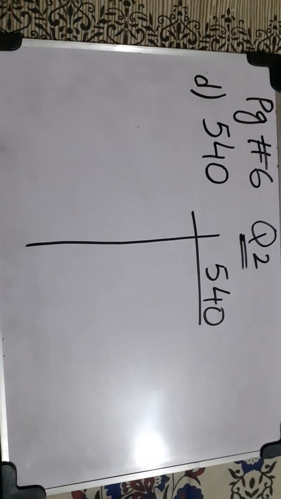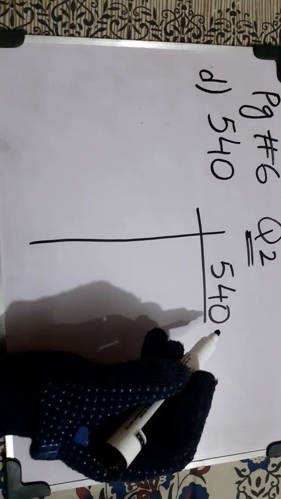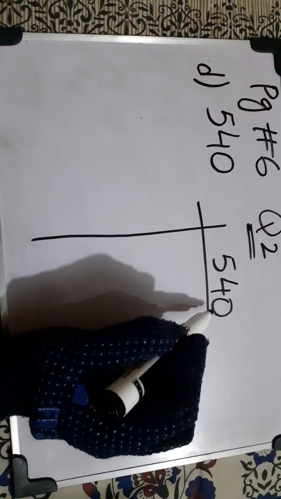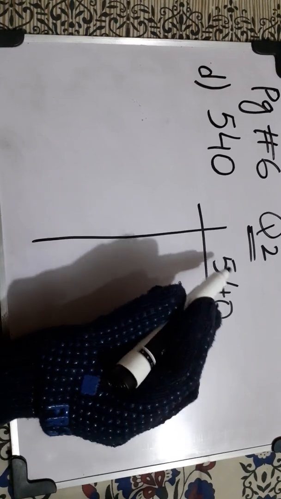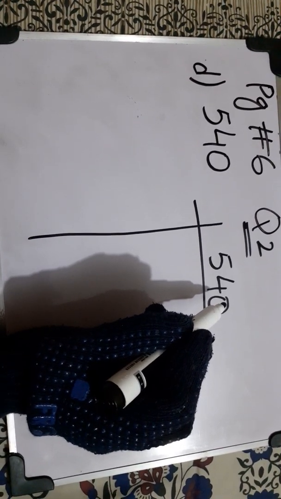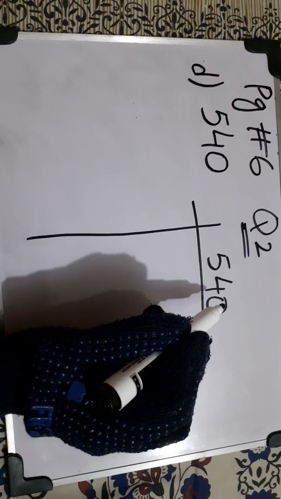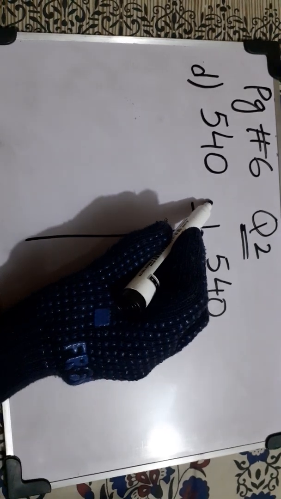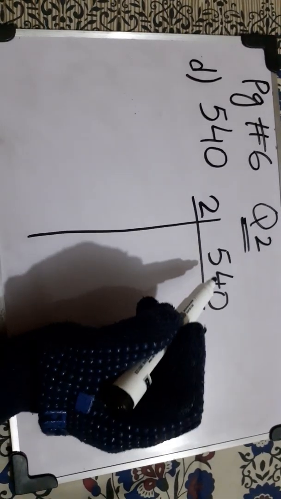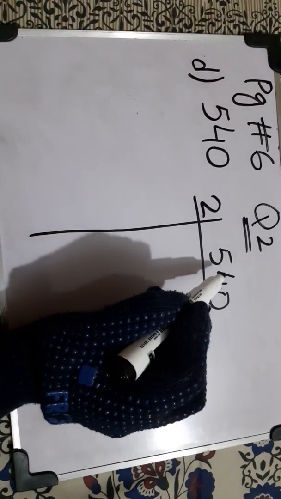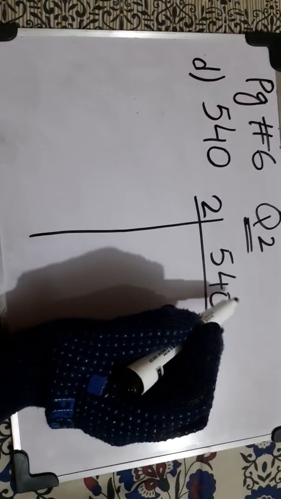So come, it's 540, and the last digit of this number is even, so the whole number is even. As you know, an even number can easily be divided by 2. So we will take 2. As this is a bigger number, we will break this number 540.